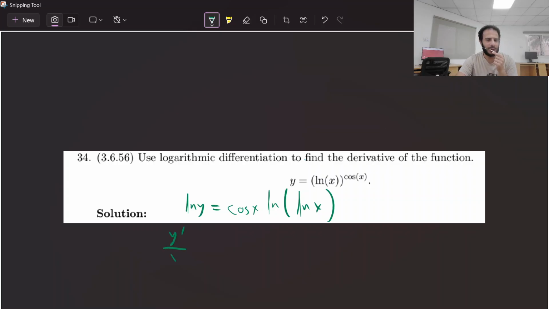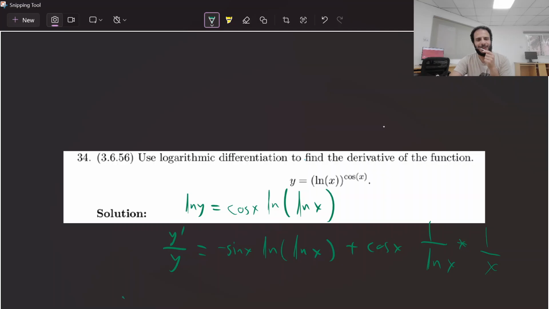Y prime over y is minus sine x times ln of ln x, plus cos x times 1 over ln x times 1 over x. It's a really dangerous problem.